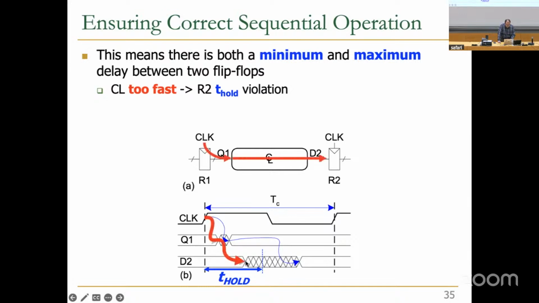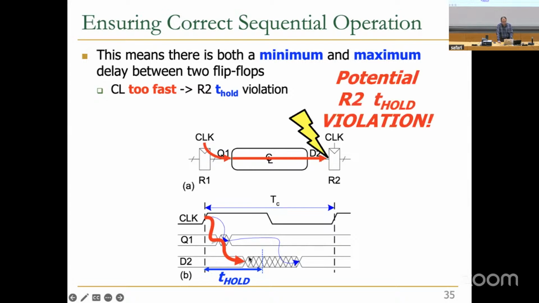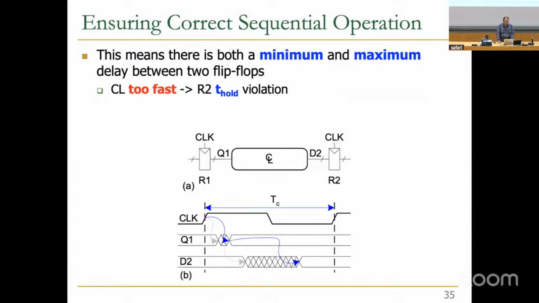And in the end, your D2 starts changing at this point of time, even though it should actually stay stable until this point, which is T-hold. So you can see that now we have a T-hold violation. So that's why our shortest path latencies are also very important, specifically for T-hold violation.